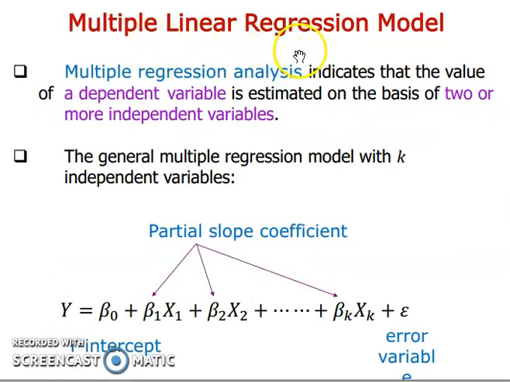The multiple linear regression model indicates the value of the dependent variable is estimated on the basis of two or more independent variables.